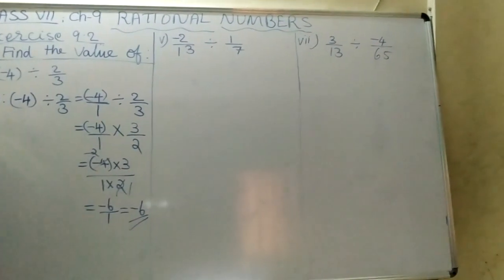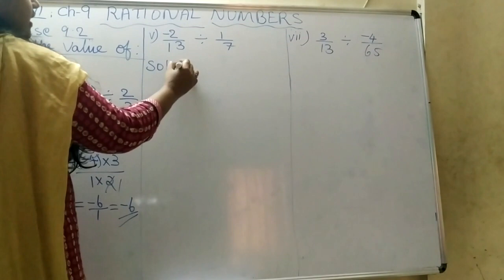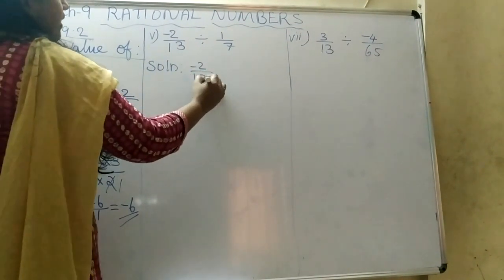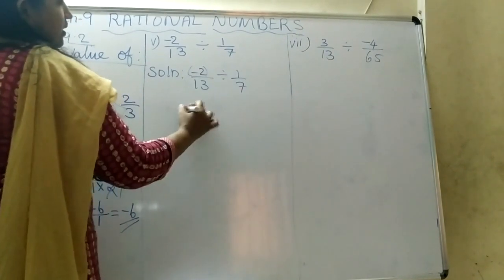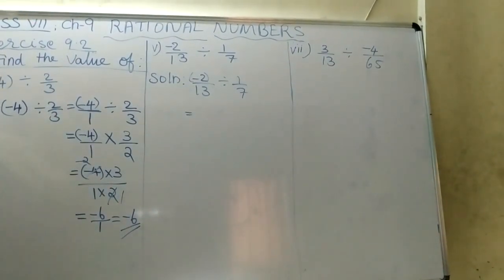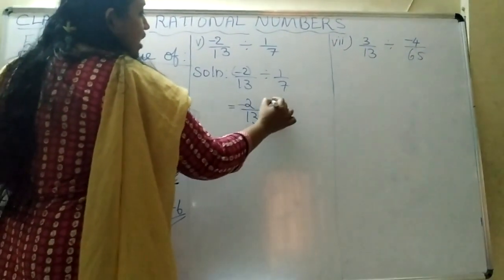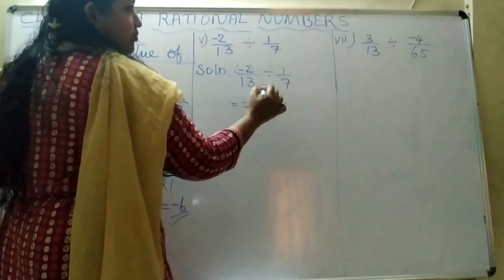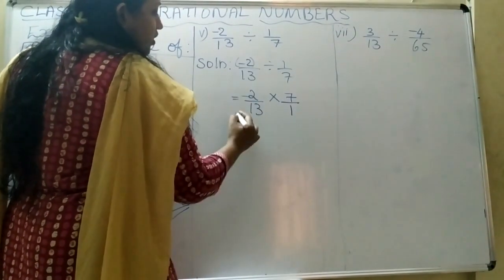Next is question number 5. Minus 2 upon 13 divided by 1 upon 7. Here also we can apply the rule of division of rational numbers. Minus 2 upon 13 multiplied by the reciprocal of 1 upon 7, that is 7 upon 1.